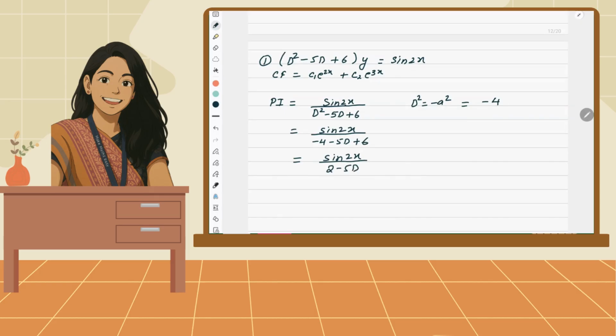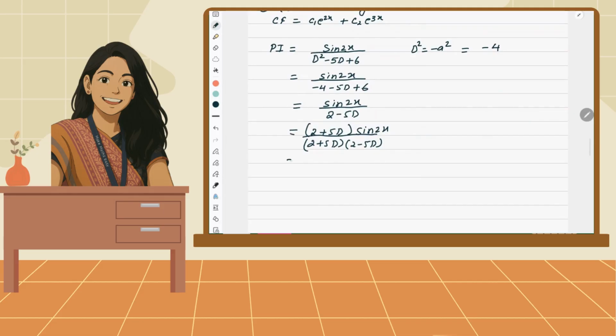Now in the denominator I got 2 minus 5D. As I told you earlier, I cannot do any substitution for D, but in such cases you have to rationalize it. I will multiply and divide by 2 plus 5D. Now in the numerator you will have 2 sin 2x plus 5D sin 2x.